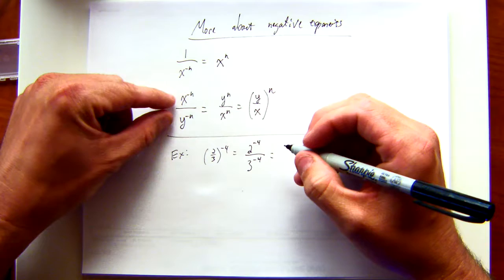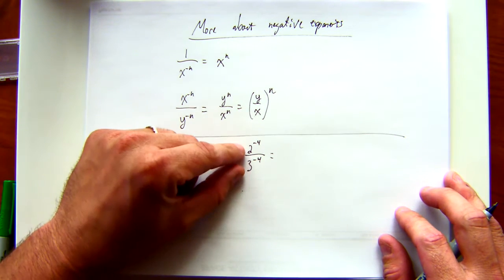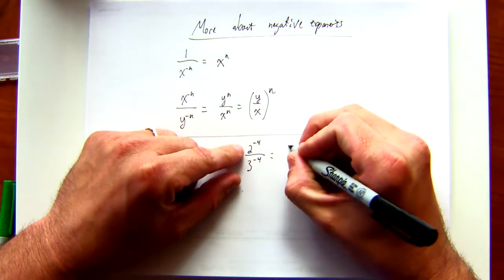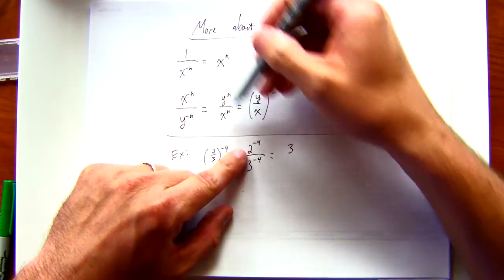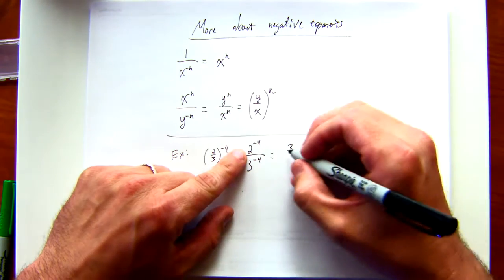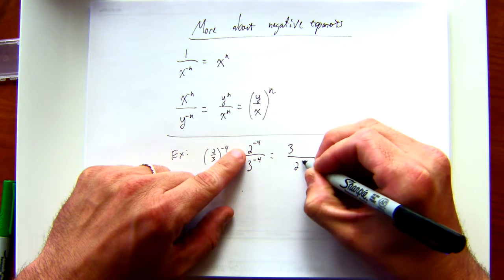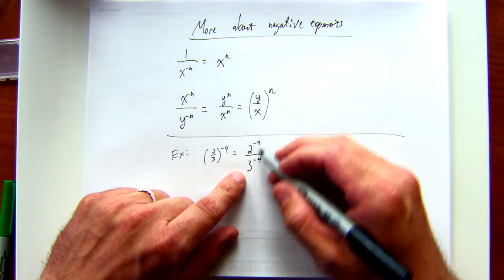Now, using this rule, what is this going to be? So, the 2 to the negative 4th power on the numerator is going to go downstairs. So this is going to be 2 to the 4th. And then the 3 to the negative 4th in the denominator is going to go upstairs.